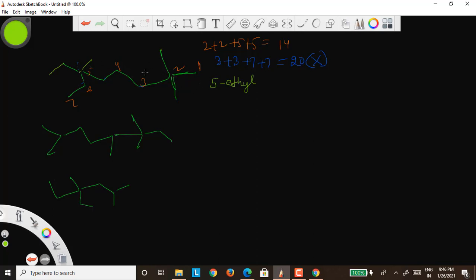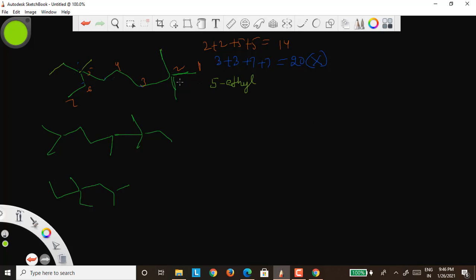Di and tri cannot be given alphabetical order priority. Order priority comes with the names ethyl, methyl. Those names will be given in alphabetical order. So ethyl comes first, E comes first, then M comes, so 5 ethyl. After that methyl will come. In methyl, how many are there?